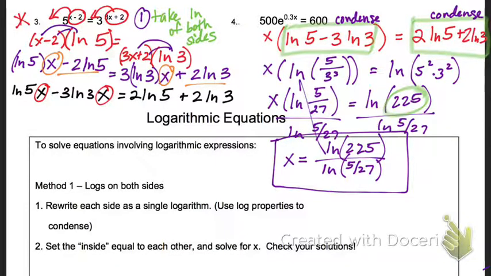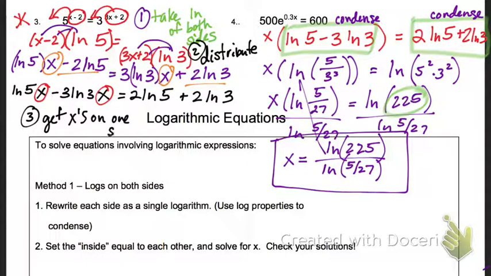Step number 2 would be distribute. Step number 3 would be get x's on one side. Step number 4 would be pull out the x.